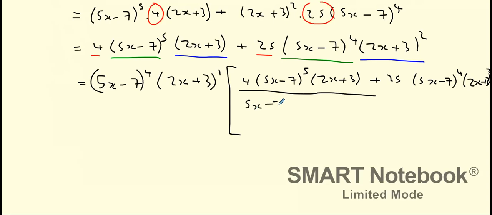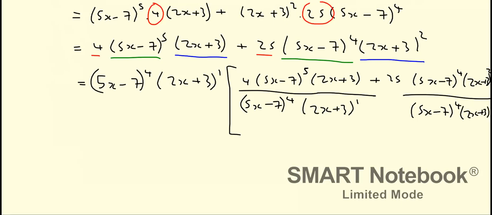So 5x minus 7 to the power of 4, 2x plus 3 to the power of 1. And same thing here, 5x minus 7 to the power of 4, 2x plus 3 to the power of 1.